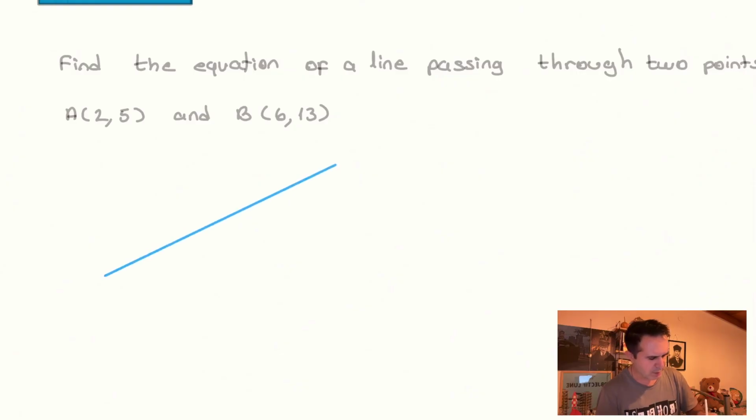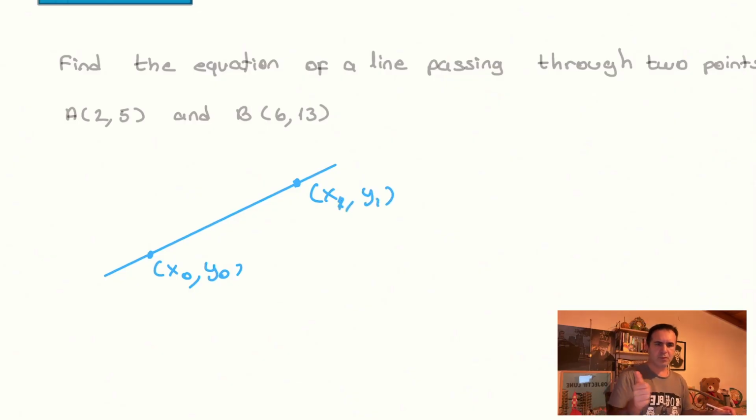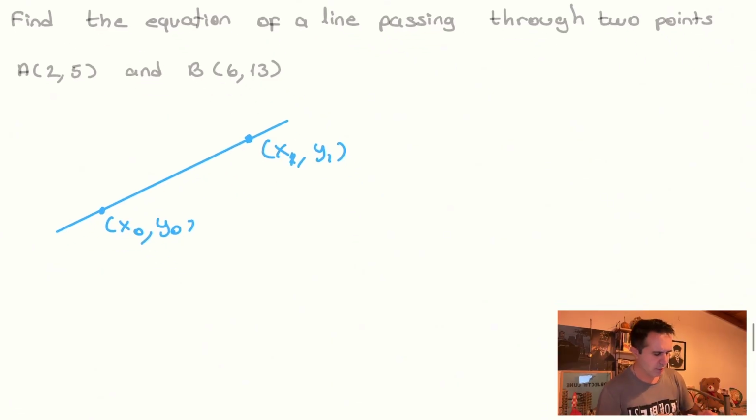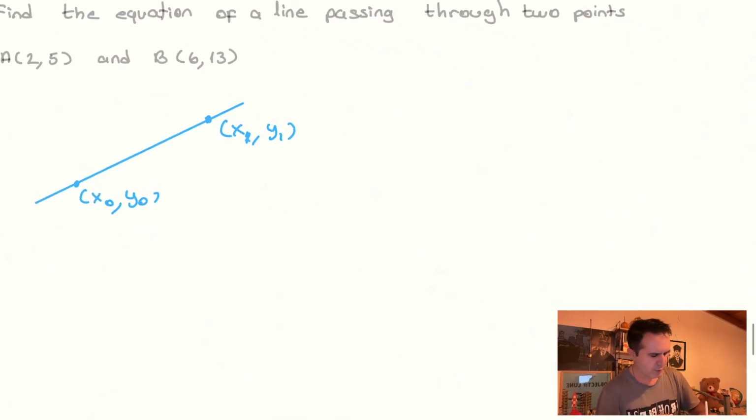For a line passing through two points, the first point x0, y0 and the second point x1, y1, the formula for the slope is y1 minus y0 over x1 minus x0.